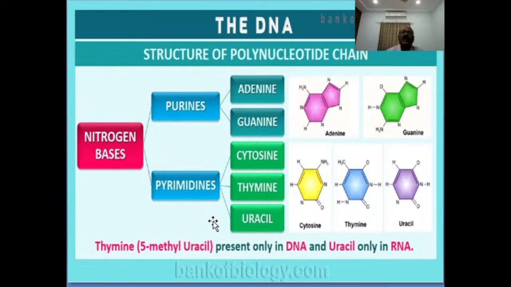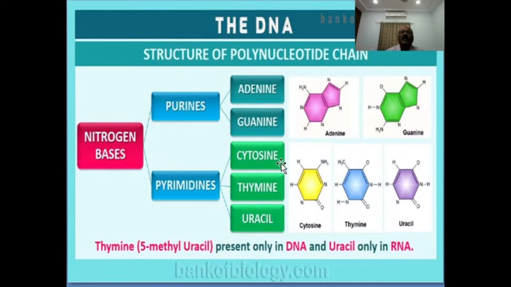RNA also possesses 4 types of nitrogen bases: adenine, guanine, cytosine, and uracil. Thymine is absent in RNA. That means thymine is present in DNA, absent in RNA. Uracil is present in RNA, absent in DNA.